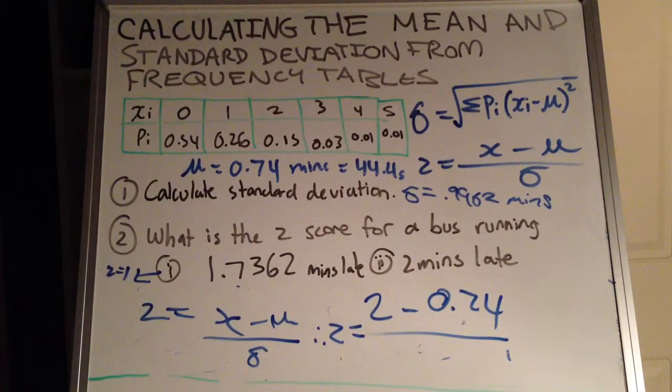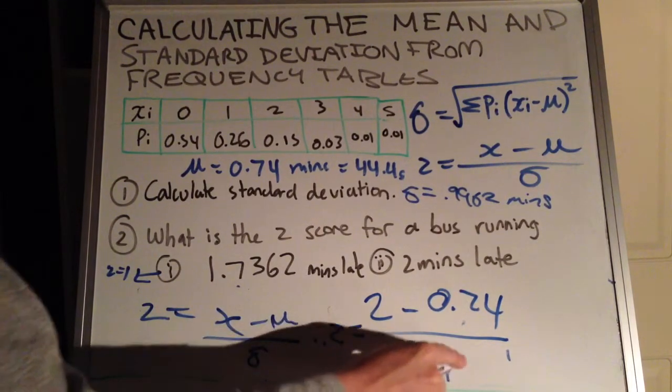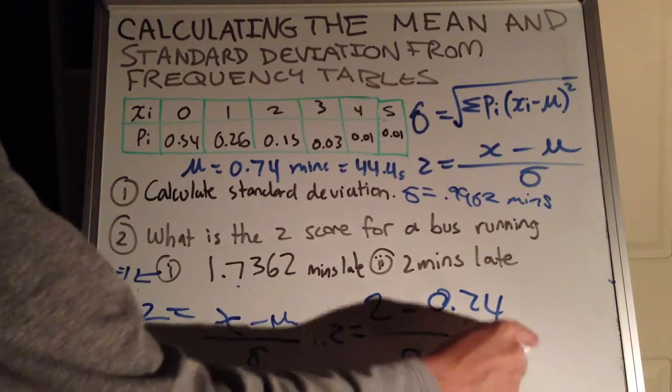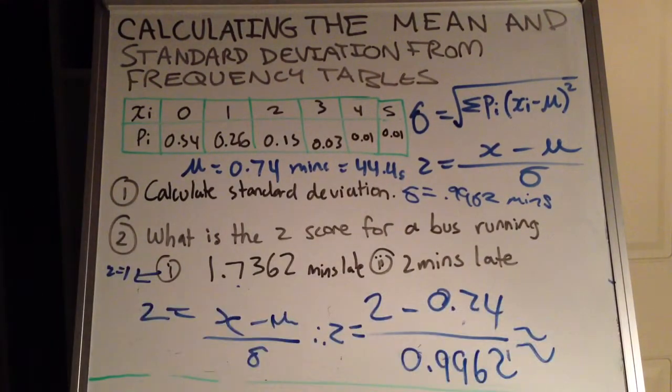And sigma, in this case, worked out as being 0.9962. Hence the z-score for running 2 minutes late. So how many standard deviations is a 2 minute late bus in terms of the distribution?